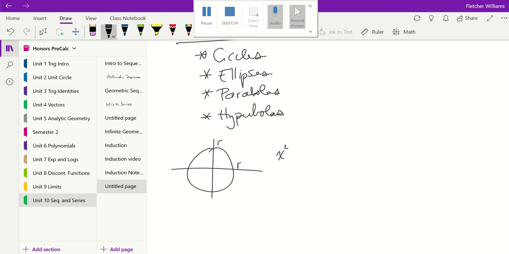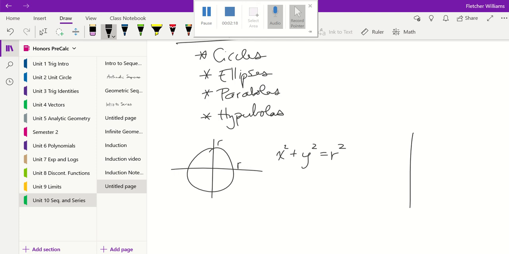R squared equals x squared plus. Someone's saying it over there. X squared plus. Alan, what is it? R squared. All right, team, bring it together. Yes, x squared plus y squared equals r squared. That's the equation for a circle centered at the origin of radius r.